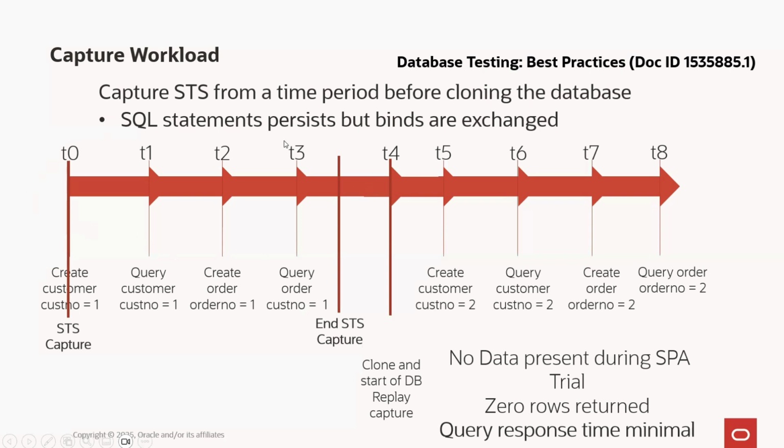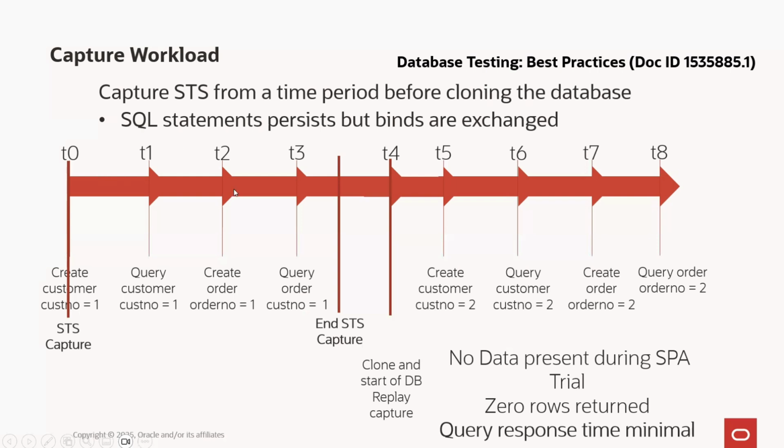So first of all, you will capture SQLs from that period of time. Then you will start capturing your workload from T4 to T5. The good thing is that we can capture from AWR, right? Just before we start the capture for Database Replay, we can create our SQL tuning set and ask Enterprise Manager or use SQL*Plus to capture SQLs from the AWR reports that were generated 4 hours before we want to start.